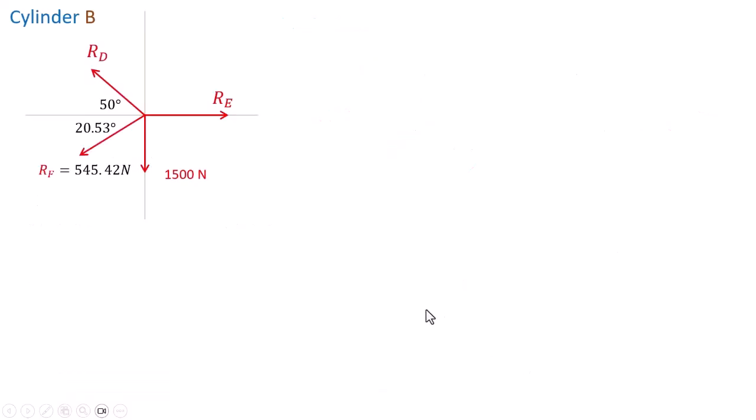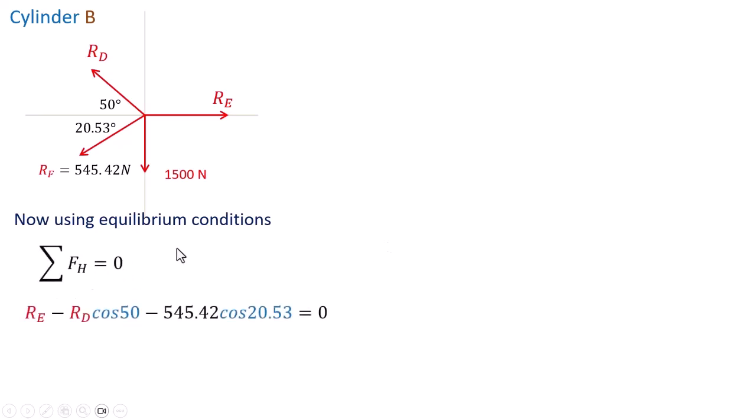Now, using the equilibrium conditions for cylinder B, only two equations of equilibrium are required because it consists of only a concurrent force system and does not include any distances. Hence, there is no need for a moment equation. Now we have to solve it step by step. Just look at here.